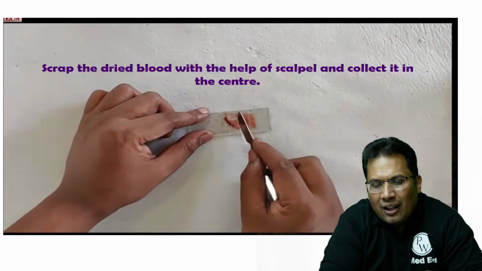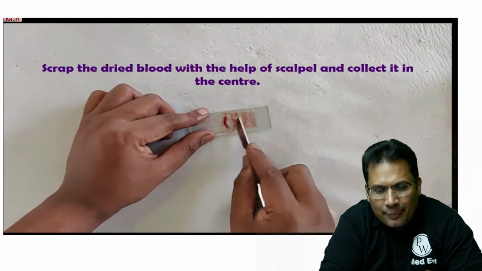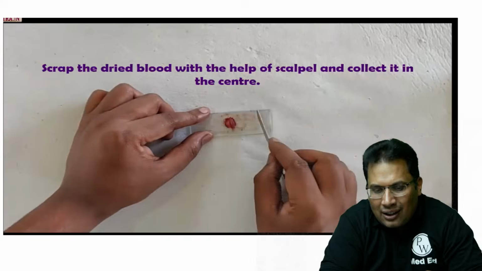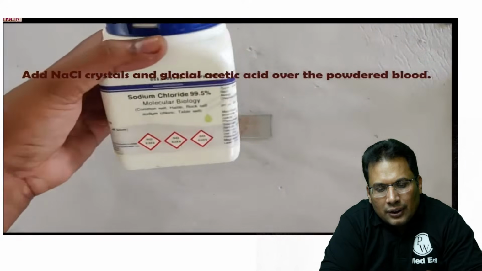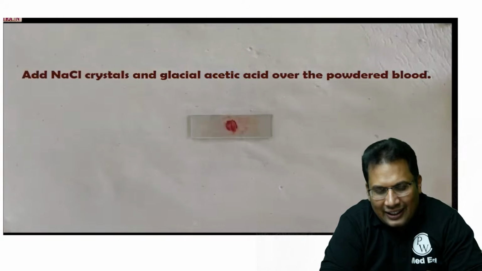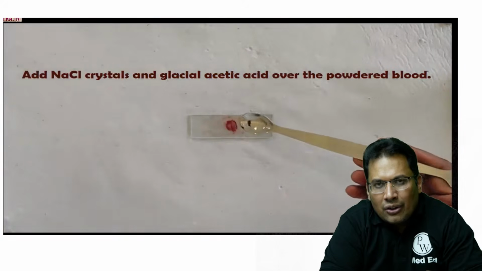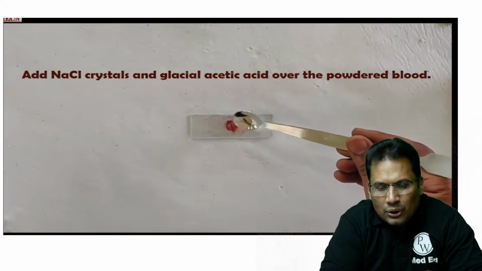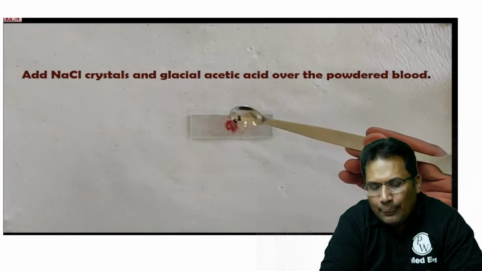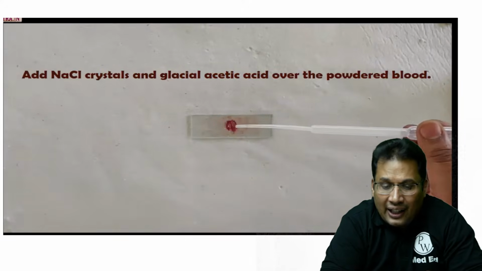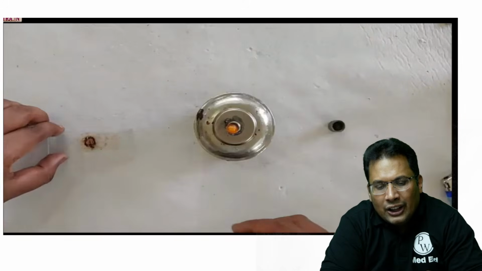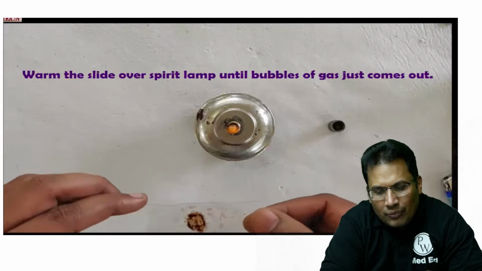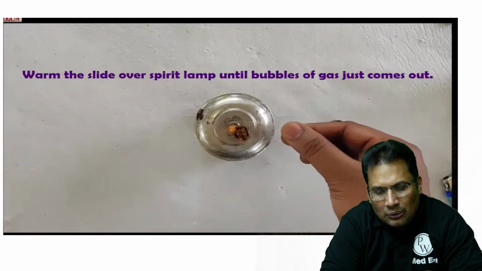You can see there are RBCs, so RBCs are collected at the center. You need to add glacial acetic acid along with the sodium chloride. So the reagent used in Teichmann test is glacial acetic acid and NaCl. Once it is added, you need to heat from below.